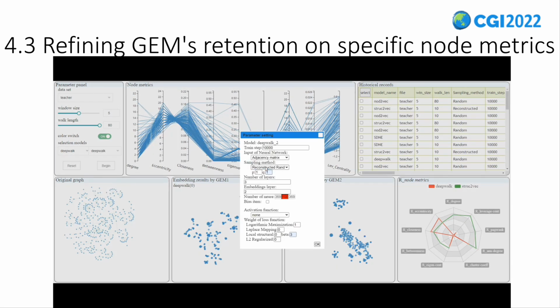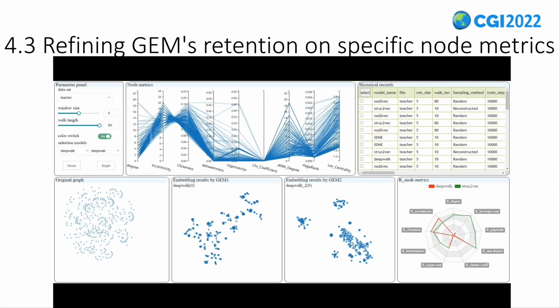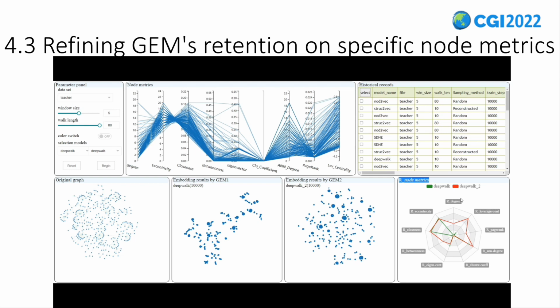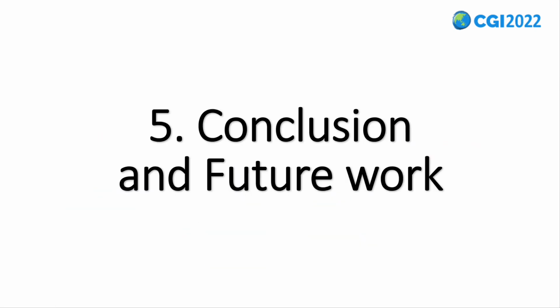Secondly, in the parameter panel, the tuned DeepWalk, named DeepWalk 2, can be set with neural network input as the adjacency matrix, activation function as sigmoid, and local structure as 1. After training, it can be found in the R-node metric view that the values of R degree, R PageRank, and R leverage centrality in tuned DeepWalk are significantly higher than those in DeepWalk with default parameter values.